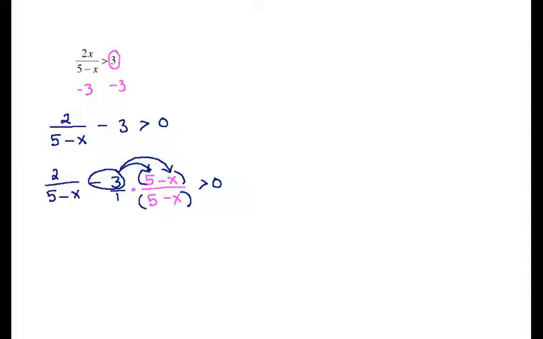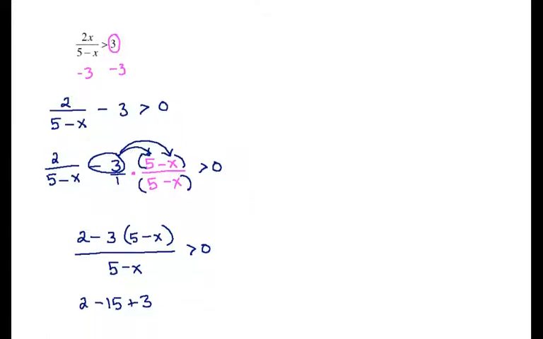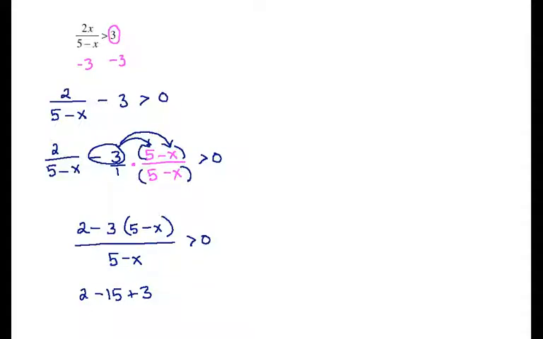So that's going to look like this: 2 minus 3 times 5 minus x in the numerator, and we have the same denominator in both terms now, so just 5 minus x in the denominator. So 2 minus 15 plus 3x is what I now have in my numerator, and 5 minus x in the denominator.